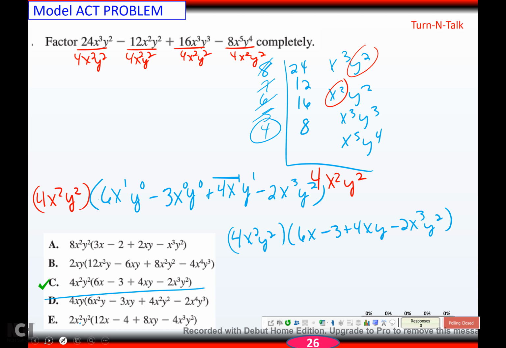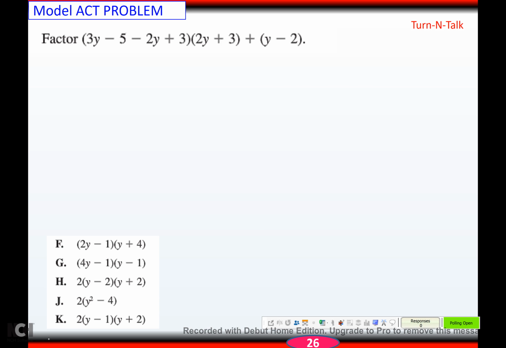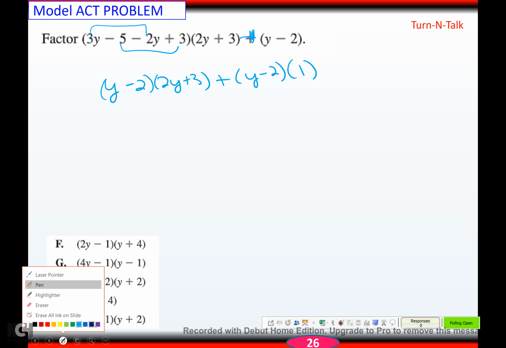Okay? Alright, if I factor this one, this is one of those weird ones where they're trying to get you to see 2 things on each side of that plus sign. I need to clean this one up, which is going to be y minus 2 times 2y plus 3. And over here I have y minus 2 times 1, if you will, just so that it looks like there's something else over there.